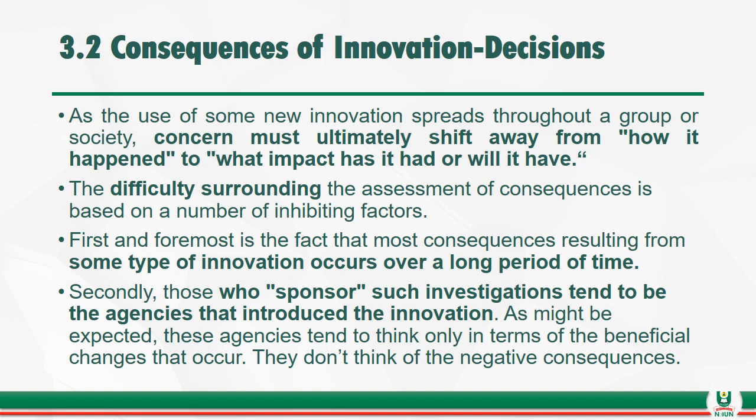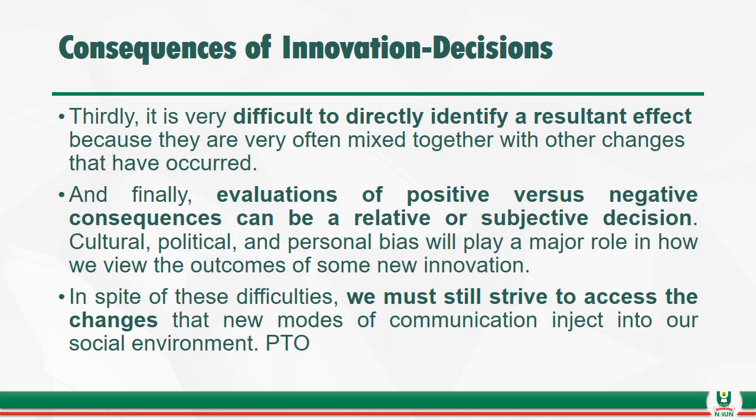The second inhibiting factor is who is the sponsor. Such investigations tend to be done by the agencies that introduce the innovation. And thirdly, there is the difficulty of directly identifying a resultant effect of the particular innovation. And finally, there is the evaluation of positive versus negative consequences, which can result from the innovation.